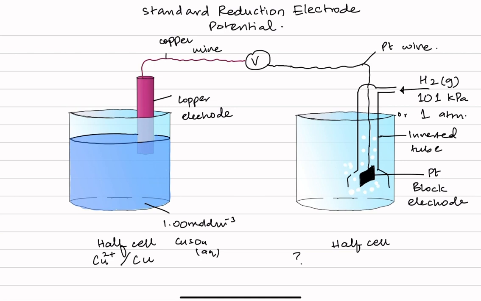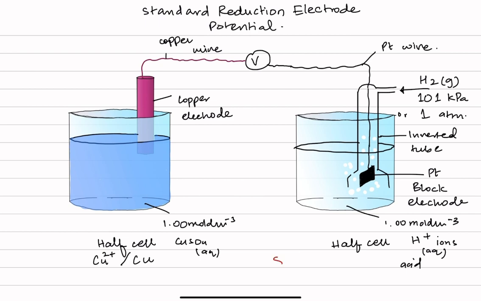So there's going to be bubbles seen on the surface of the platinum wire and the platinum electrode. There's going to be a small hole in the tube, so if there's high pressure of hydrogen gas, it can escape. The electrolyte is also going to have hydrogen in it. In what sense? The electrolyte is going to have 1 mole per dm cube concentration of hydrogen positive ions, which means any acid works.